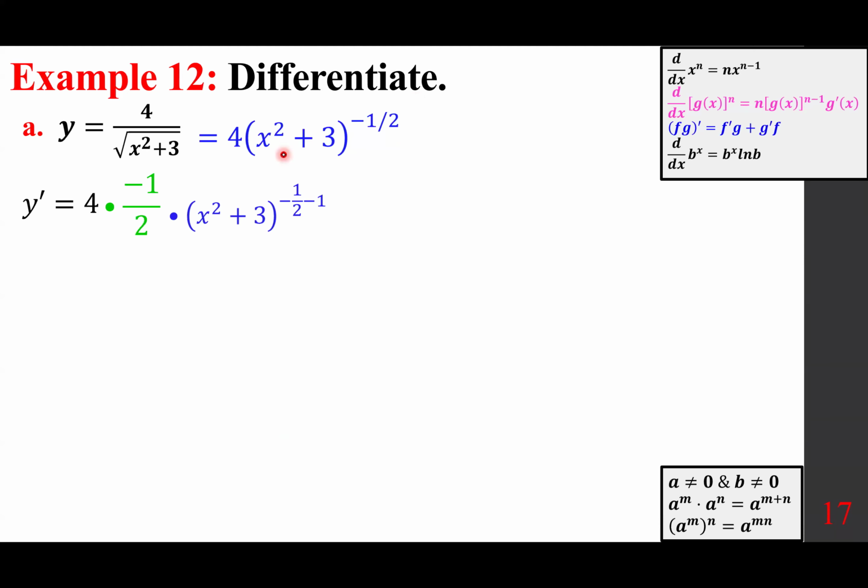The chain rule, times the derivative of the inside, 2x. Negative 2 minus 4x. This goes down to the power of positive 3/2, or square root of x squared plus 3 quantity cubed.